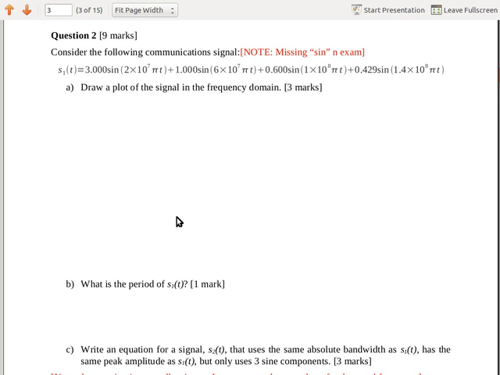Good. Next one, 1 by 10 to the 8. 1 by 10 to the 8 is 100 million, divided by 2 would be 50 million. So we have 10 megahertz, 30 megahertz, 50 megahertz, and 70 megahertz.